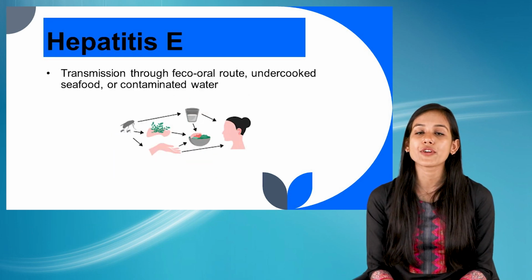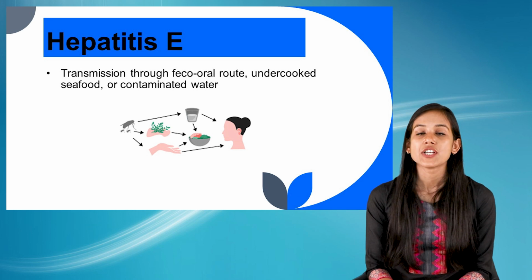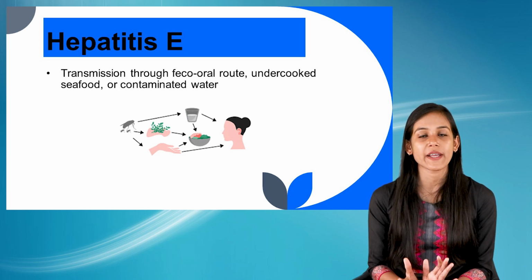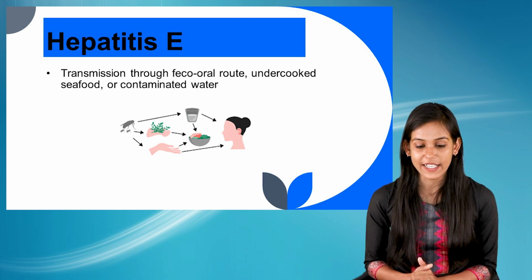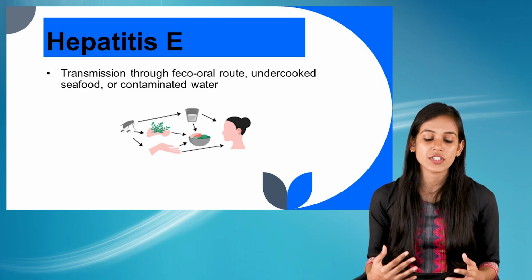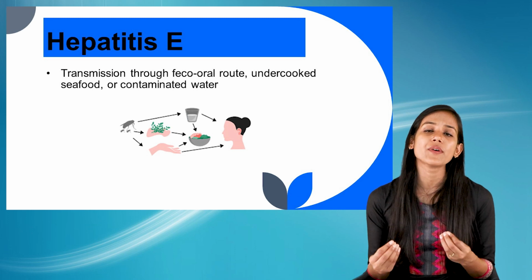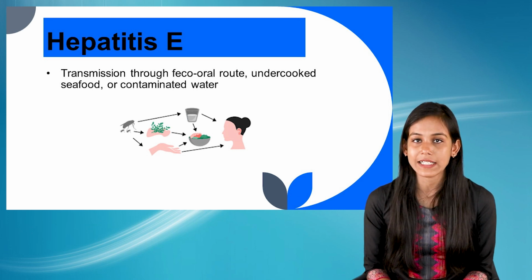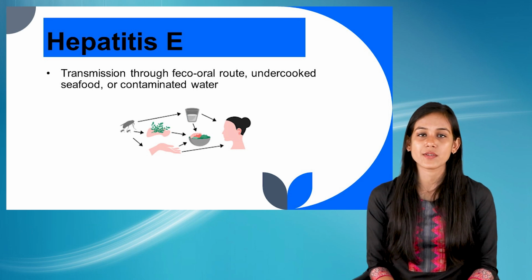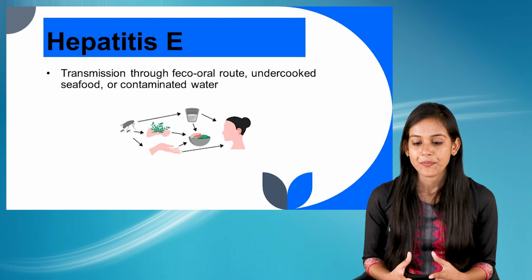Well, next let us move on to hepatitis E, right? So again, hepatitis E is caused by hepatitis E virus, and it is an RNA virus again, right? So the transmission happens through the fecal-oral route, and mostly it happens in areas with poor sanitation, right?